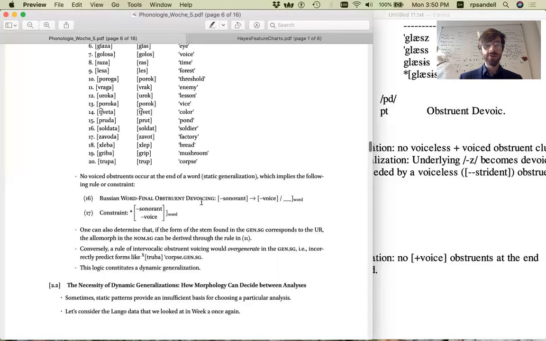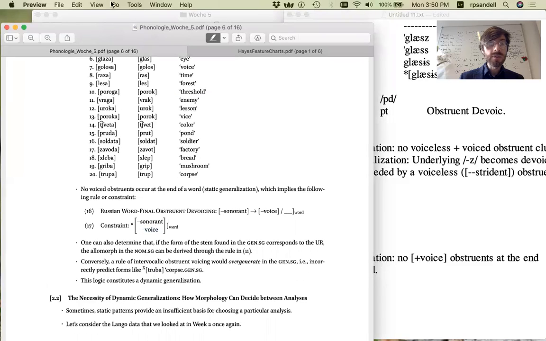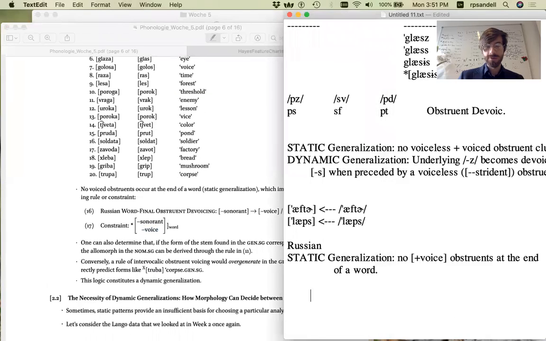In Russian, the constraint would say that we cannot have any, oops, there's an error there. We should read plus voice here, not minus voice. I should try to correct that in the handout. Our constraint for Russian should be we cannot have a non-sonorant plus voice segment at the right edge of a word.